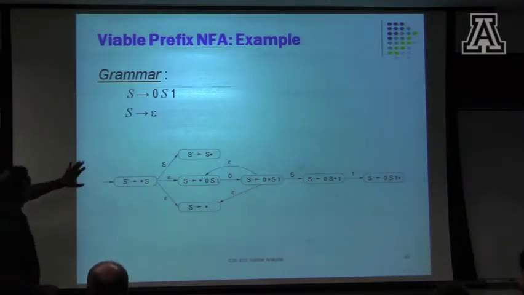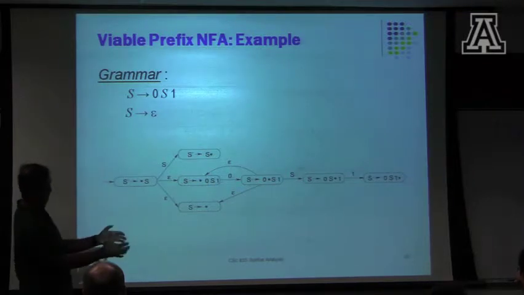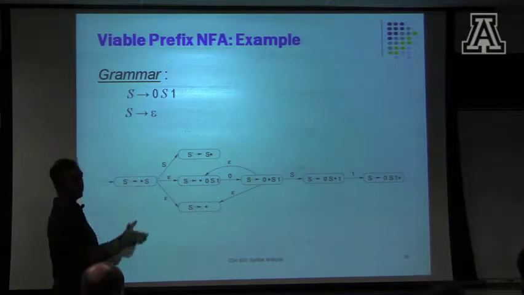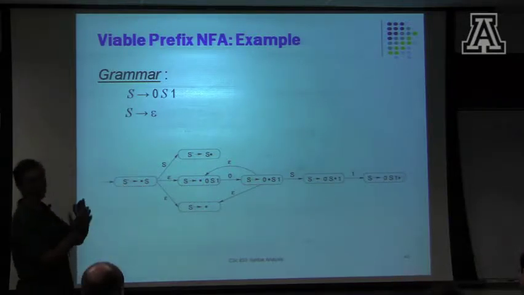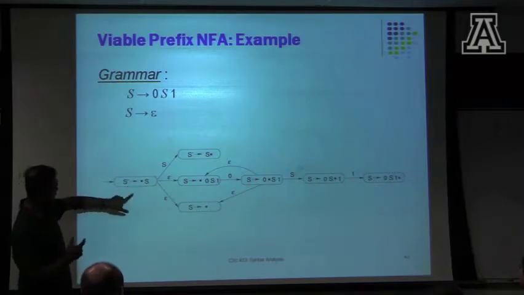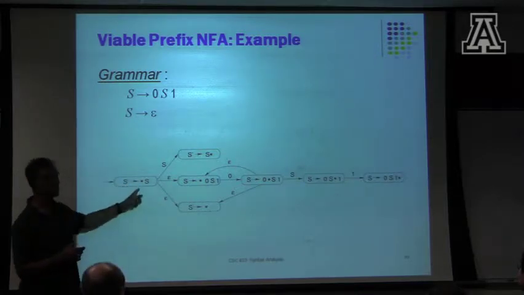What is this automaton good for? What this automaton tells us is that each state is labeled by an item in the non-deterministic case. When we go to the deterministic case, it's a standard non-deterministic to deterministic conversion. In the deterministic case, each state of the deterministic automaton will have a set of these items.